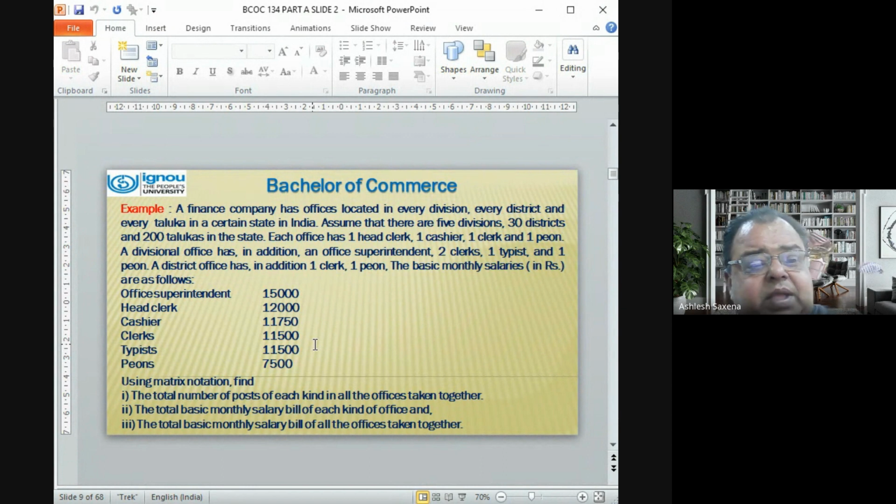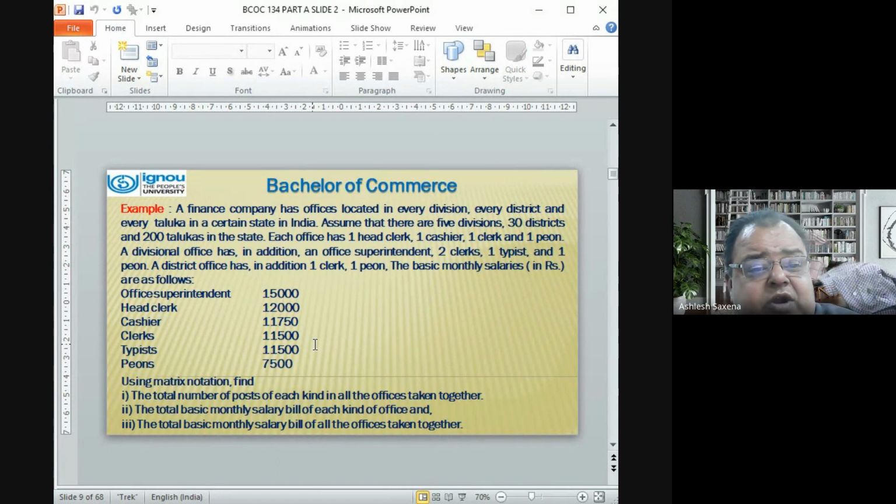A division office has, in addition, an office superintendent, two clerks, one typist, and one PM. The district office has, in addition, one clerk, one PM, but this is the manpower requirement or the manpower they have.